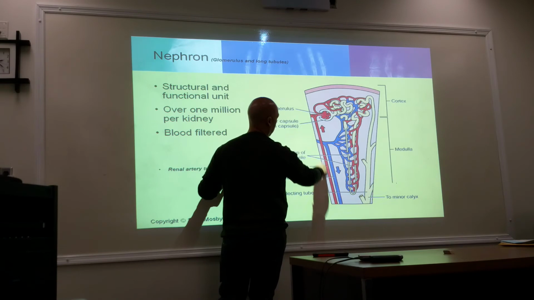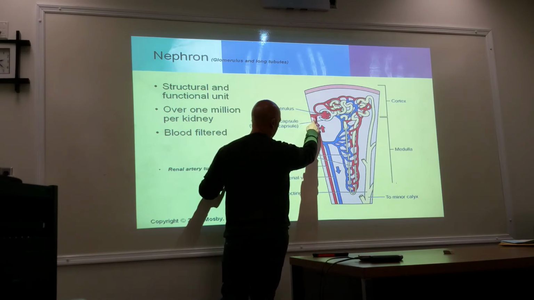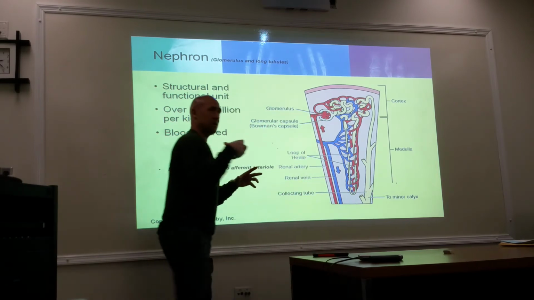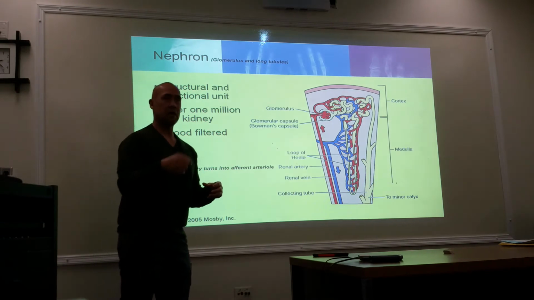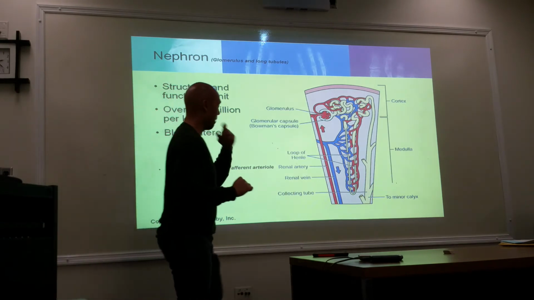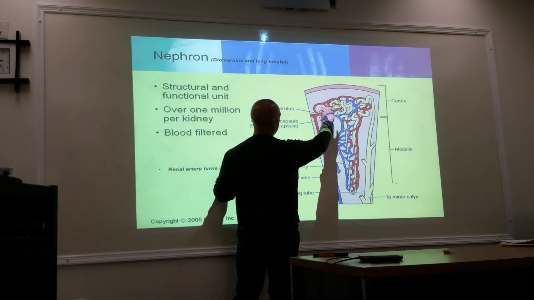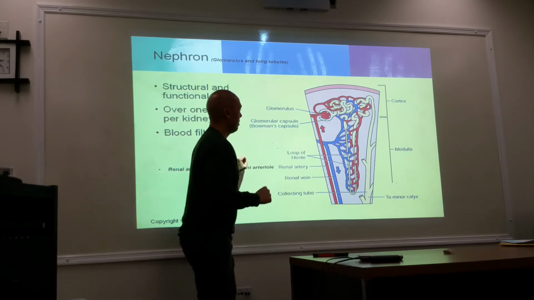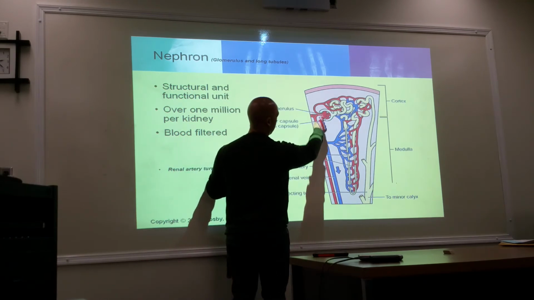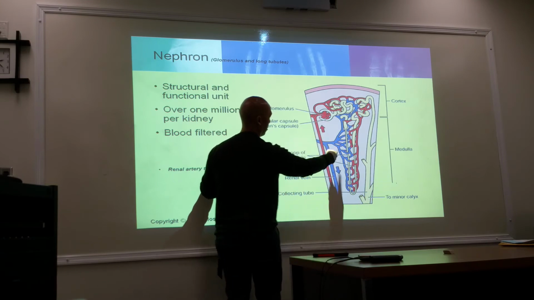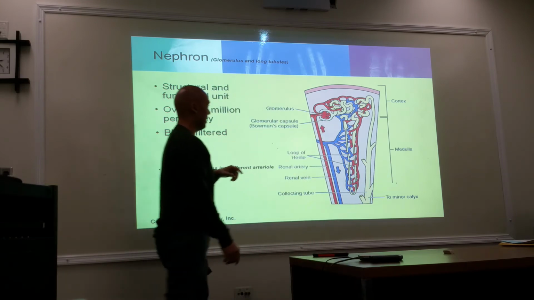Okay, so then blood makes its way over here. Then you have this network of capillaries, even smaller vessels, and this is where the filtration occurs. So red is the artery, and then blue is your veins.